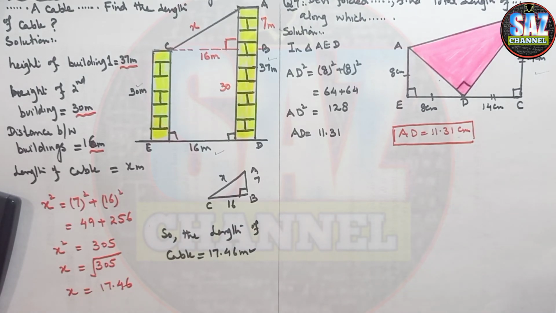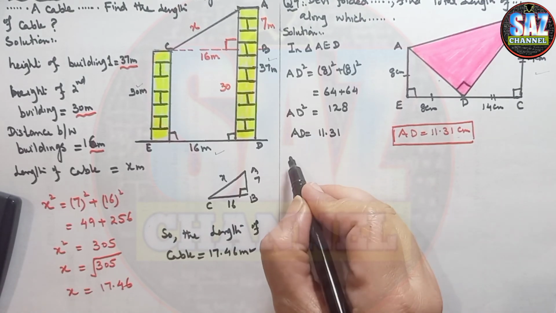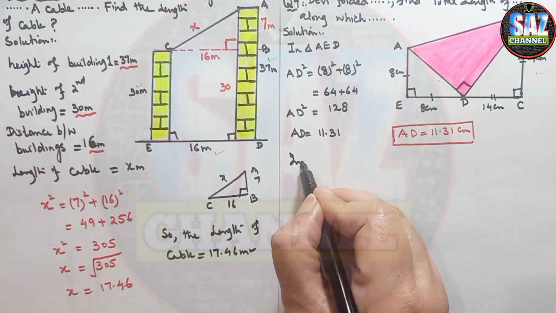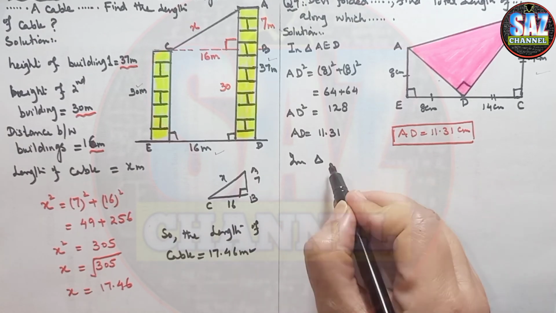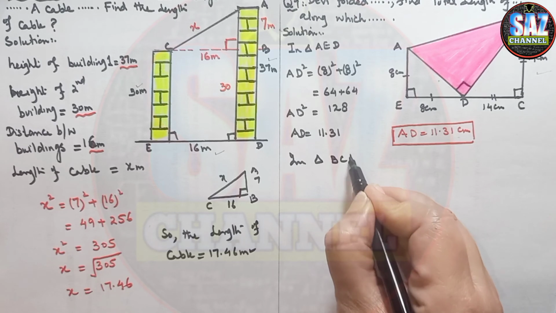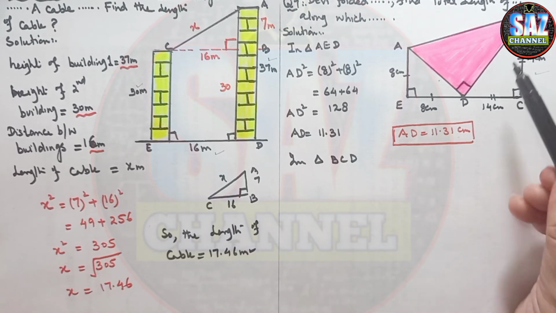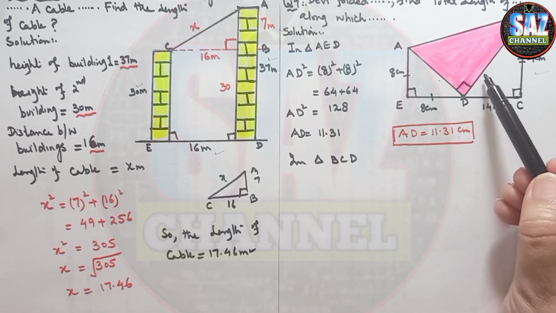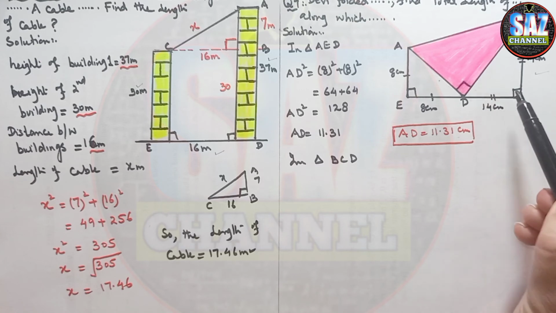And now let's move to the second unknown of the question, that is DB. For that we have to take triangle BCD. Again BD is the hypotenuse because that is the side in front of the 90 degree angle.